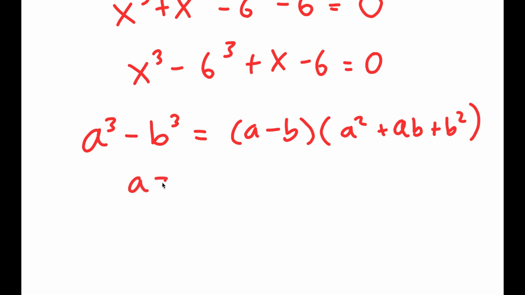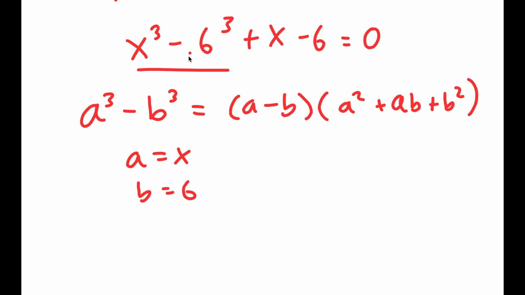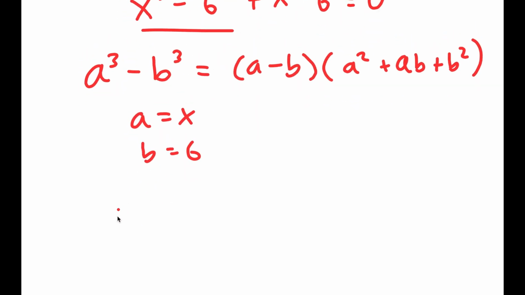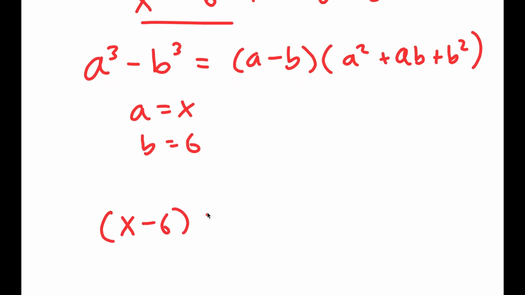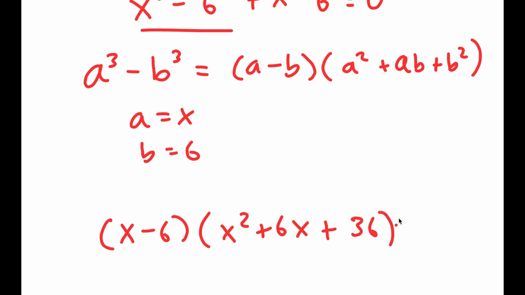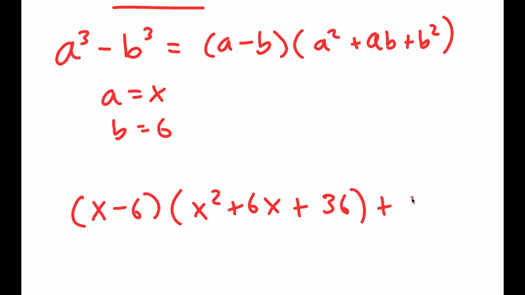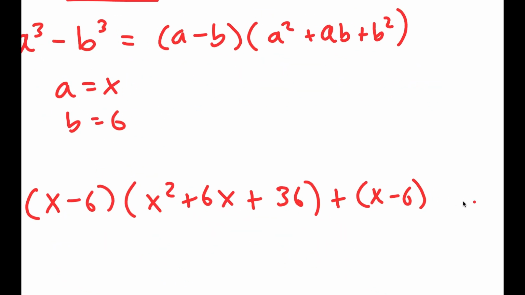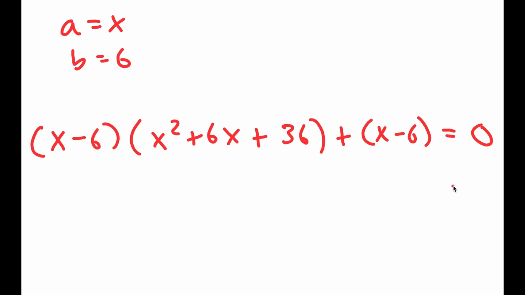So in this case, a is x and b is 6. And I'm doing this for x to the power of 3 minus 6 to the power of 3, by the way. So I get x minus 6 times x squared plus 6x plus 6 squared, which is 36. And I have this plus x minus 6 is equal to 0.